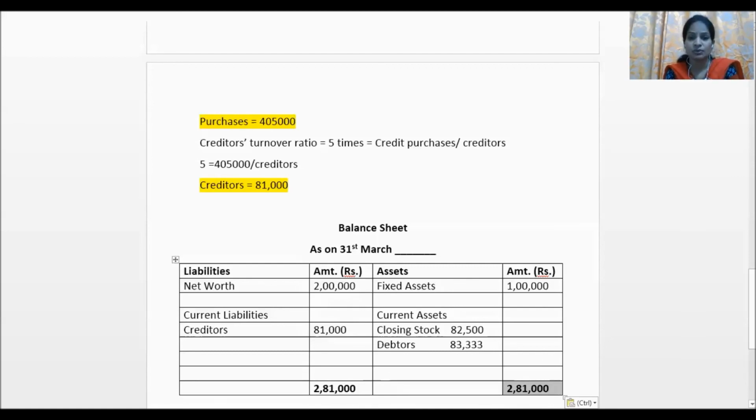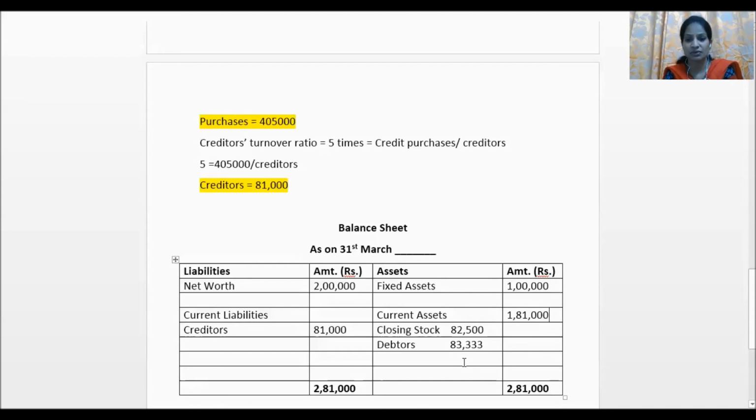Now, if you want to find out how much is the amount of current assets, from this total, if you minus fixed assets, you will get the value of current assets. So from 2,81,000, if you minus 1 lakh, your current assets will come to 1,81,000. Now just check how much this total is. What you can do now, from this amount, when you minus the total of these two amounts, you will get the balancing amount.